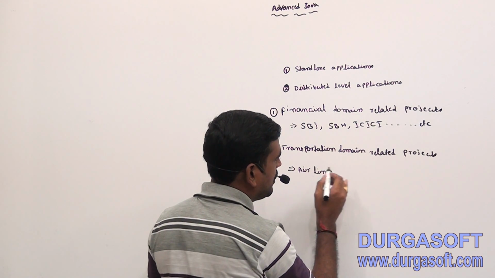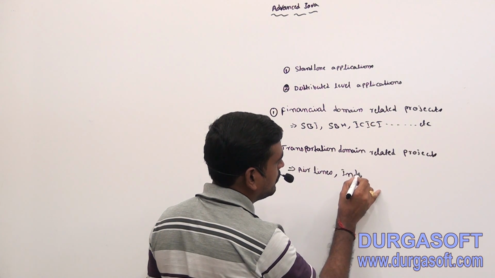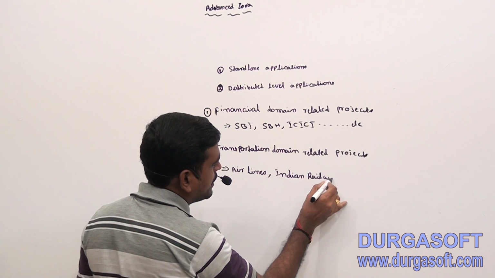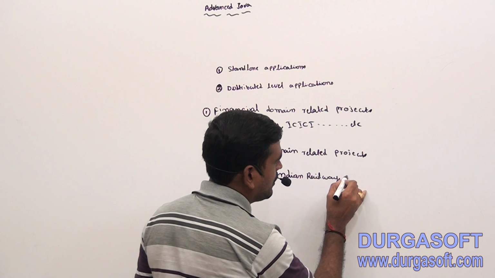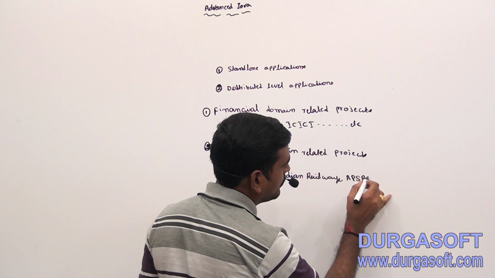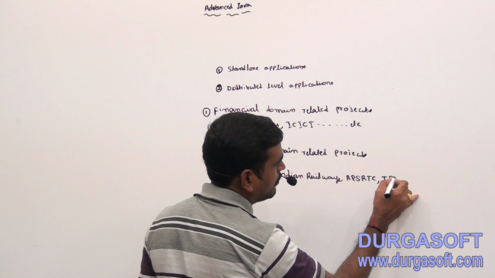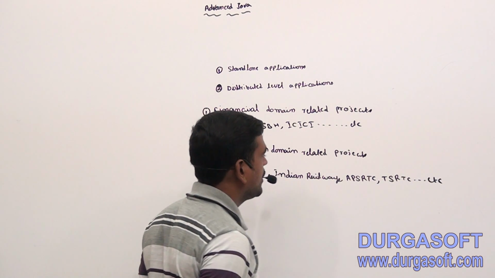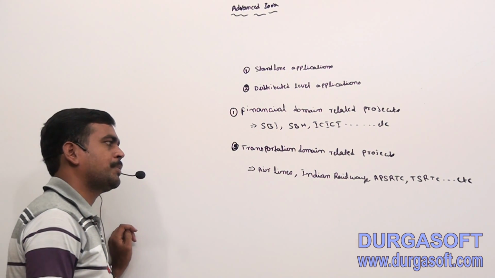For example, Indian Railways, APSRTC, TSRTC. Like this, all come under transportation domain related projects.